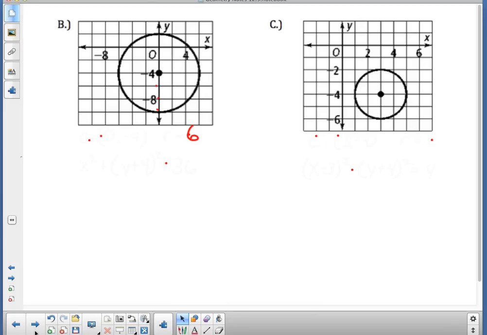Find the center, find the radius, write the equation. Remember, it's from the standard form of your circle.